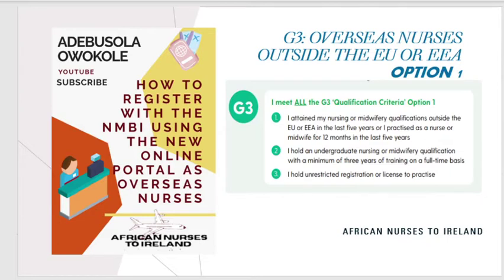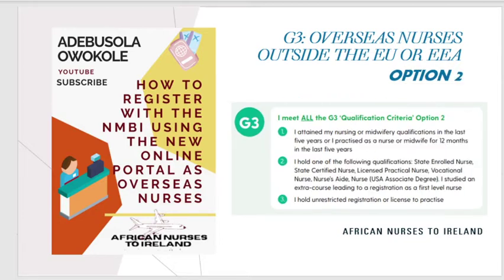And it means you hold an undergraduate nursing or midwifery qualification with a minimum of 3 years of training on a full-time basis. So either you did full-time general nursing or you did full-time general midwifery, 3 years training on a full-time basis, and specifically you must hold an unrestricted registration license to practice. That is very, very important.